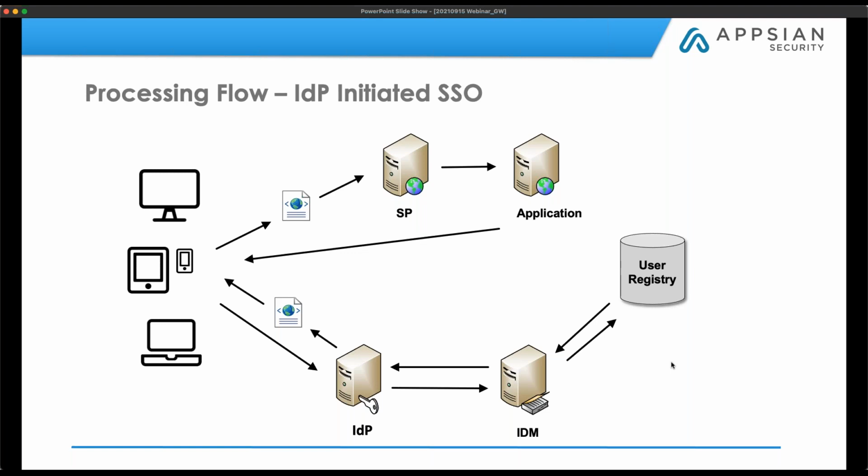You've got your user registry on the back end, and as the user is communicating to the application, they're going to have to go back and check with the identity provider, who's going to verify that that user is who they are. They're going to pass some information back to the system. That system's going to have to figure out, based upon an attribute, typically something like the name ID coming in on the SAML ticket, who this user is, should I allow them in, and do I trust all of those things. So in a process flow, that's really what's happening.